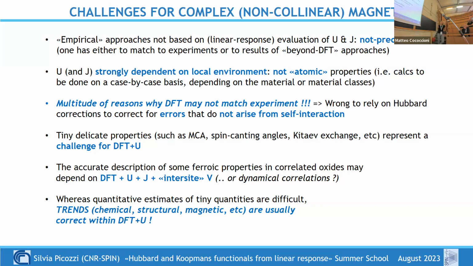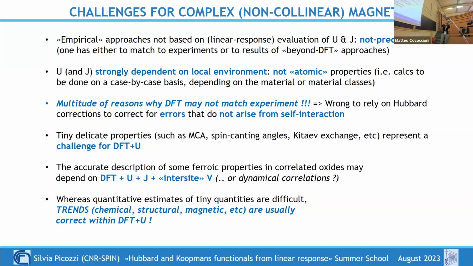DFT+U corrects self-interaction, but there can be a variety of errors that we can make. And so the comparison between our result and the experimental result might be due to many other reasons, right? So Hubbard just corrects part of it, not all the error.